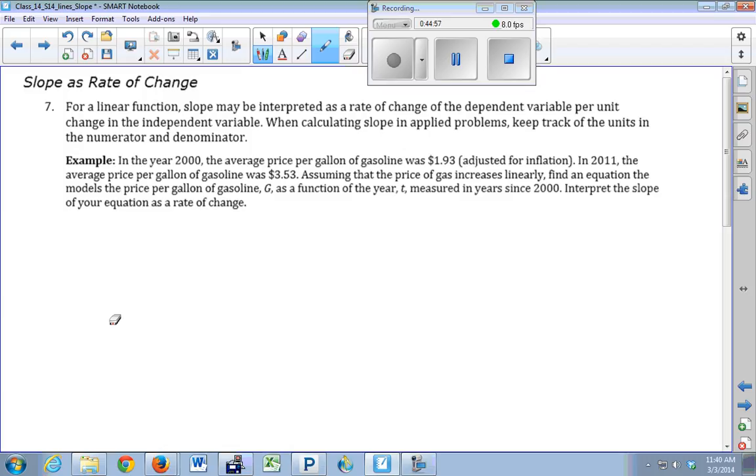So let me show you how I would approach this problem. I would read it, of course, and as I read it, I think to myself, what's my dependent variable and what's my independent variable? Well, we're talking about the price of gasoline based on time. So I know that time is going to be my independent variable, and I'm looking at 2 years here, 2000 and 2011.